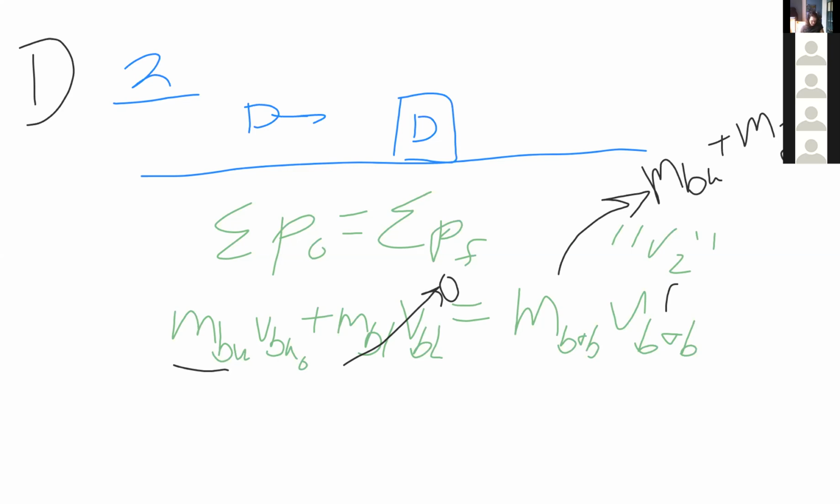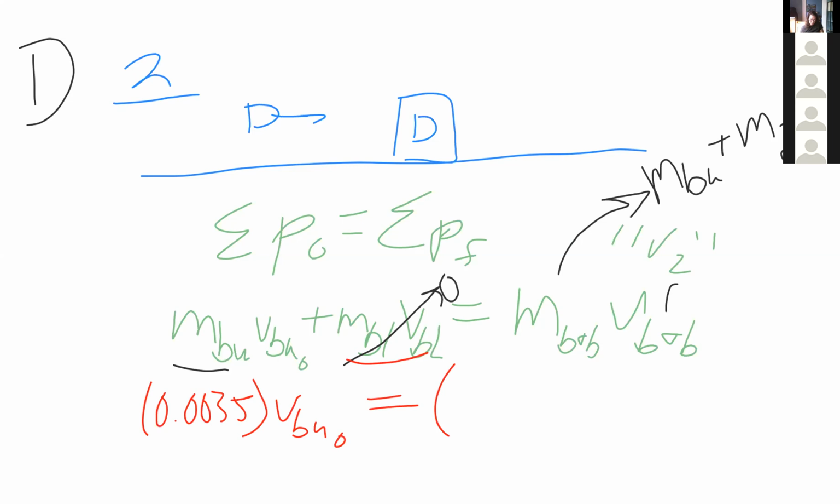To plug in the stuff that we have, the mass of the bullet in my problem is 3.5 grams. Make sure to convert that to kilograms. So that would be 0.0035, times the velocity of the bullet initially. Our second term here was 0. So this will just be equal to the sum of the mass of the bullet and the block.